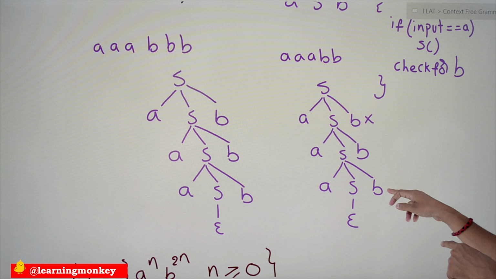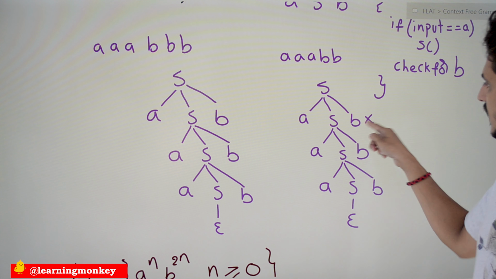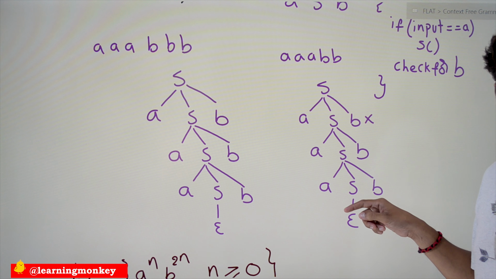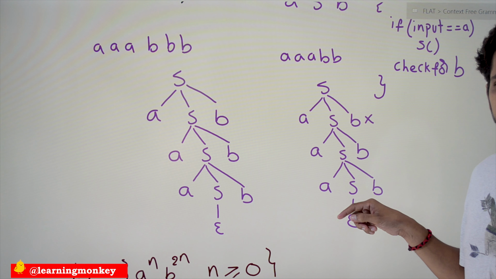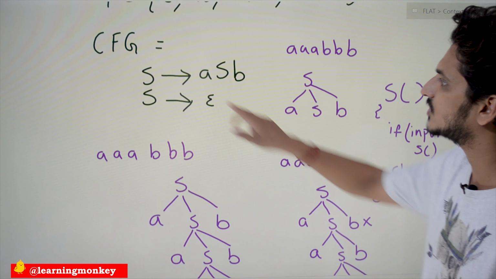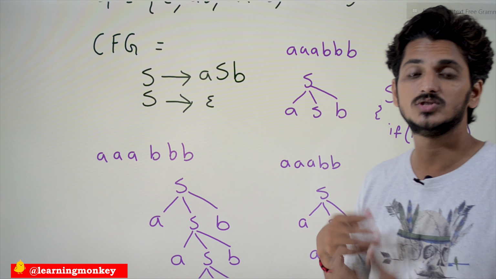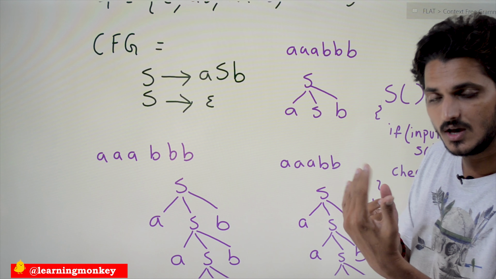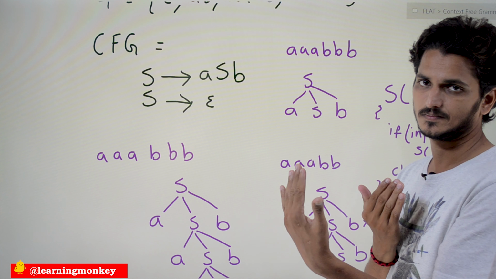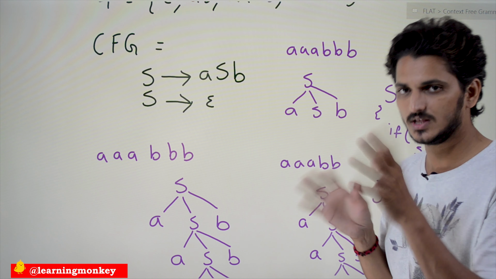It checks the next b, and the next b. After that we don't have an input b, so it fails here. Don't accept the string. This is how we write it. That's why the context-free grammar for this language, S tends to a S b, checks for a set of a's followed by an equal number of b's. Try to understand it. This is very important.